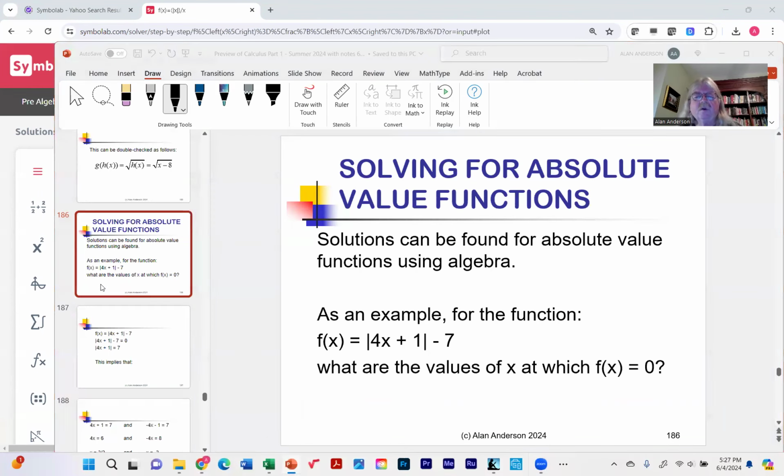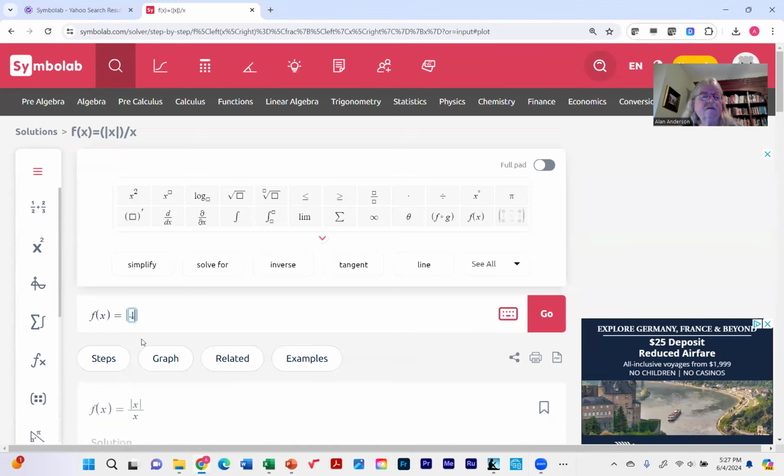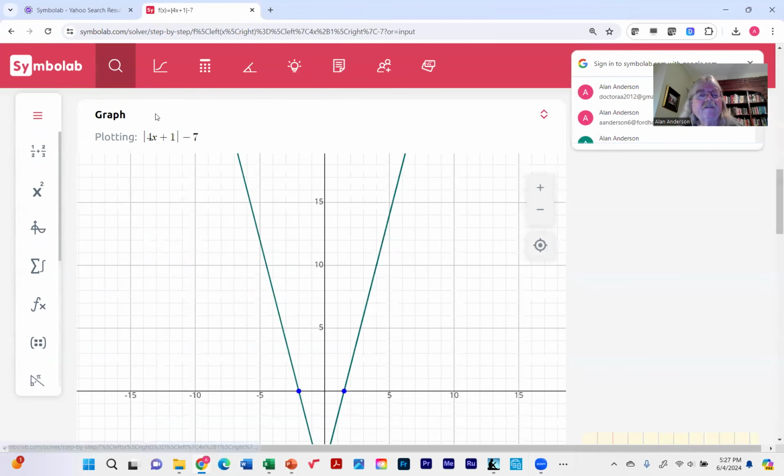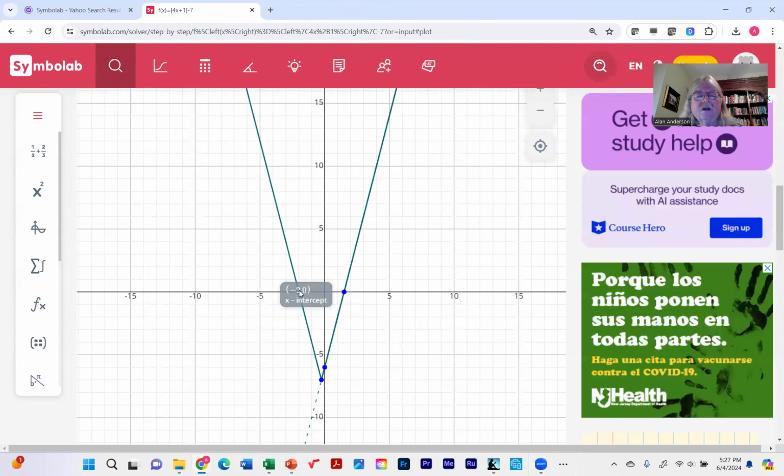Is it absolute 4x plus 1 minus 7? That's on the outside. So if you look at the graph, you can see it does cross the horizontal axis at two different places. This one is the point -2, 0, and this is the point 3/2, 0.